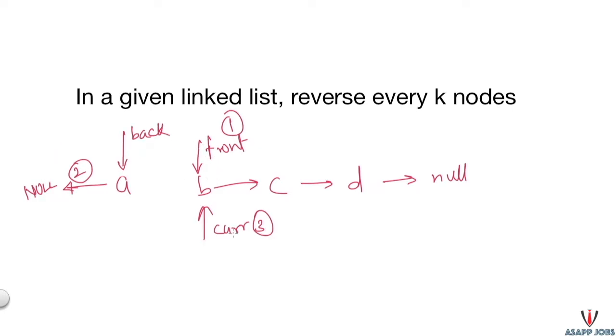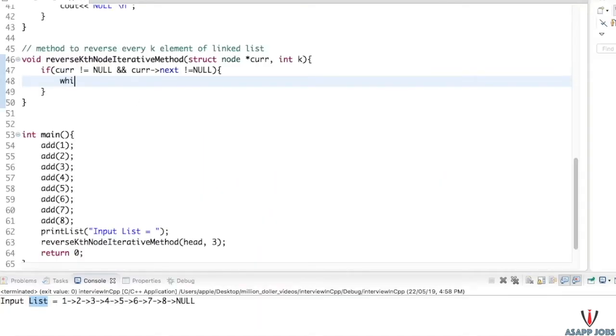These steps we have to do for each and every node of the linked list. That means we are going to stop this process when the current pointer is pointing to null, right? So we will write a while loop, and the condition would be current is not equal to null.